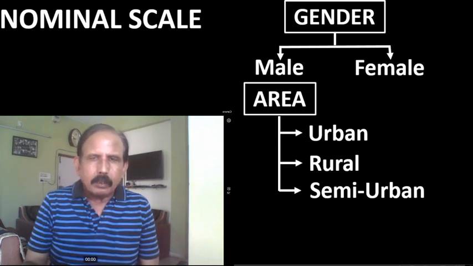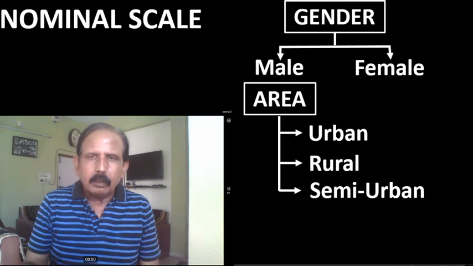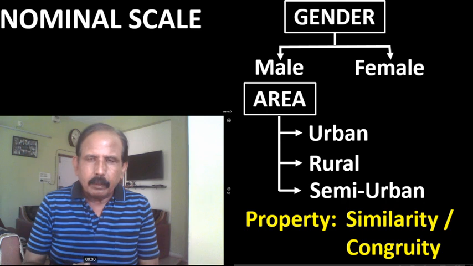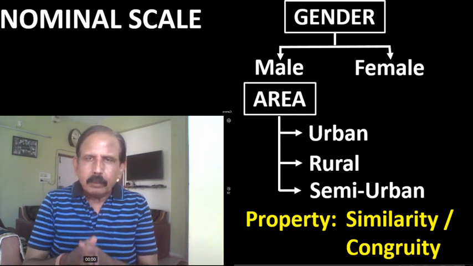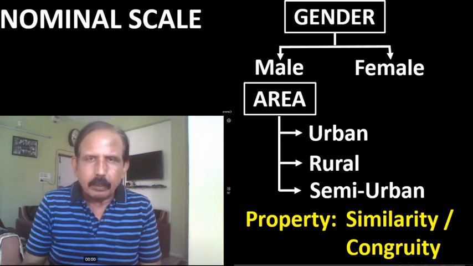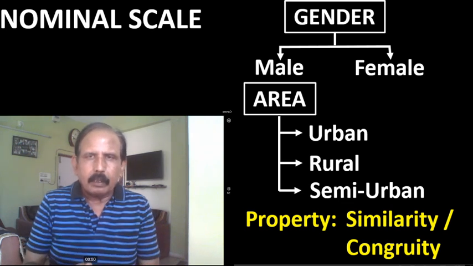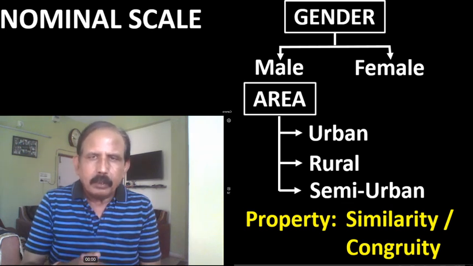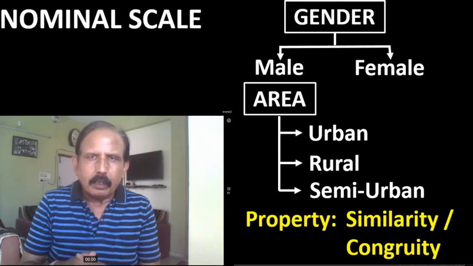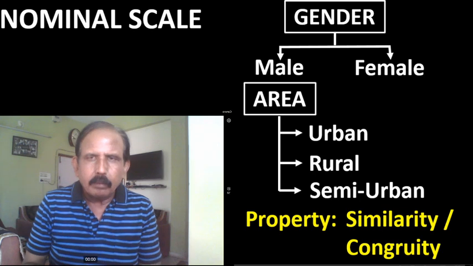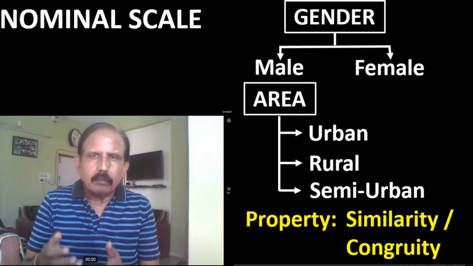Here, the nominal scale has a special property known as the property of similarity. What does it say? It says that in a particular category, all the subjects will be found similar or identical in terms of the characteristic on the basis of which they are divided. Like all the subjects placed in male will be found similar or identical in terms of their gender, and the same is true for the female group.